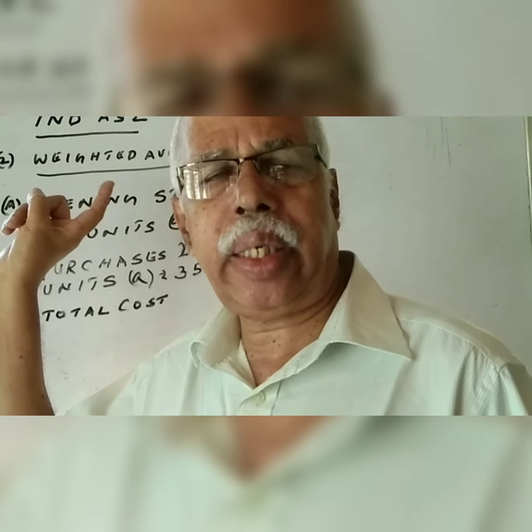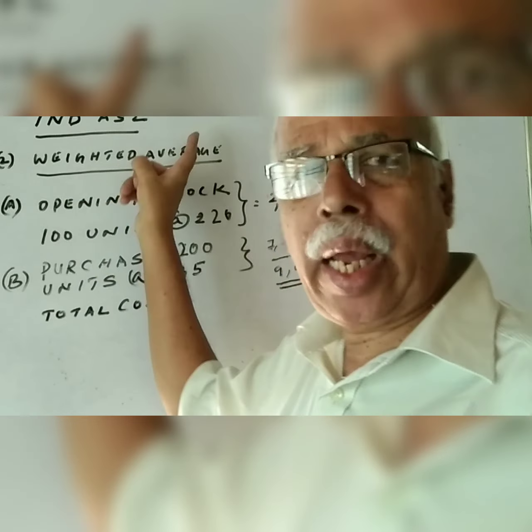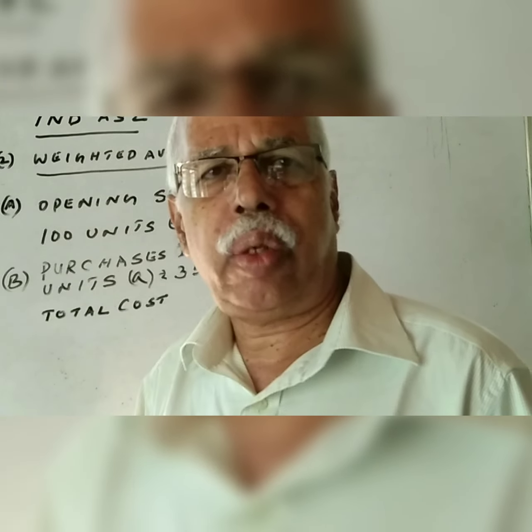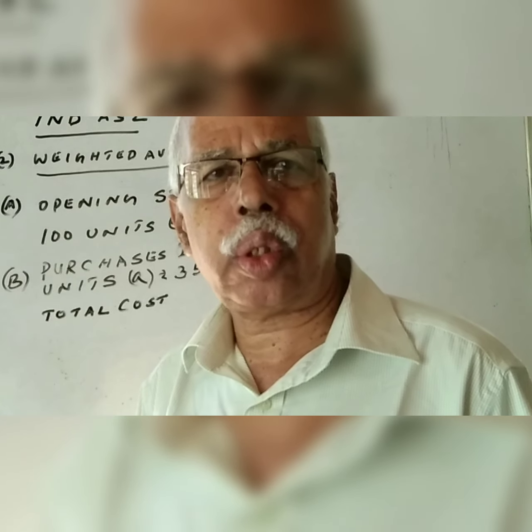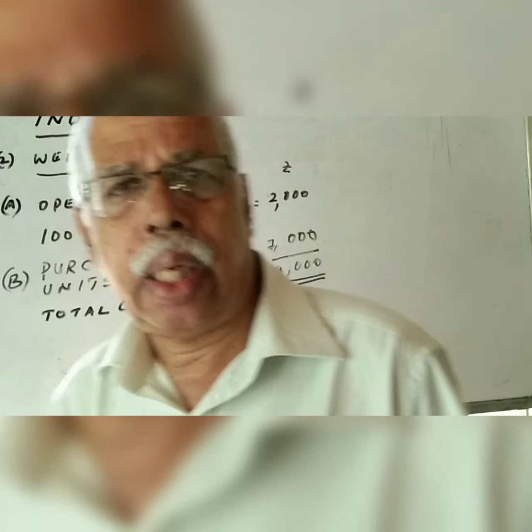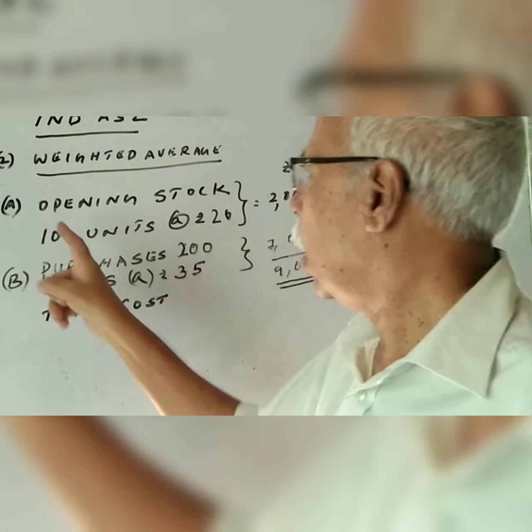Another method permitted under the standard is the weighted average cost method. Under this method, the weighted average cost of a particular product will be calculated first. Let us take an example.